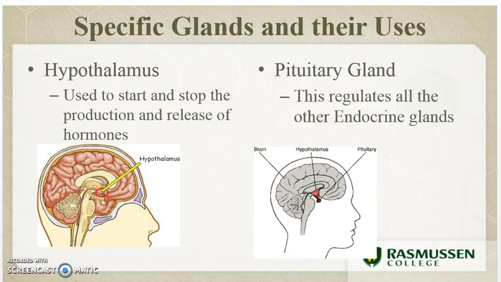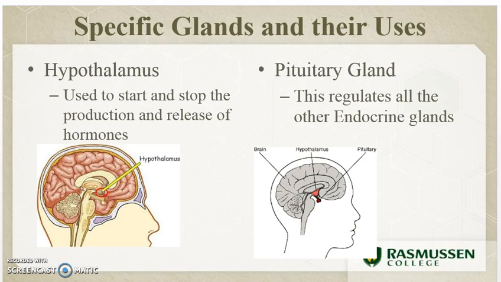The hypothalamus also produces two specific hormones. It produces the antidiuretic hormone, or ADH, which is responsible for increasing your water absorption, and it creates oxytocin, which is a key player in that of pregnancy and childbirth.